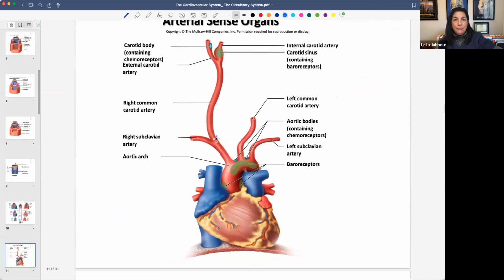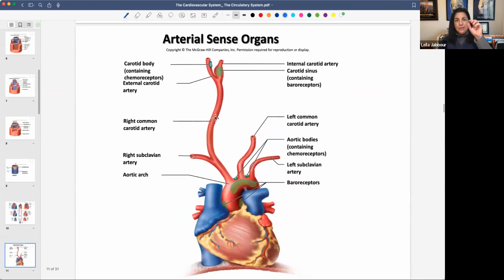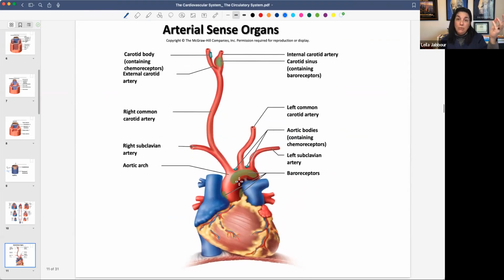Okay. Before I get into those veins, I want to say one more thing about arteries. You have to be aware that there are arterial sense organs in very specific locations on the arteries very near to the heart. I wanted to show that to you here because we're talking about arteries.